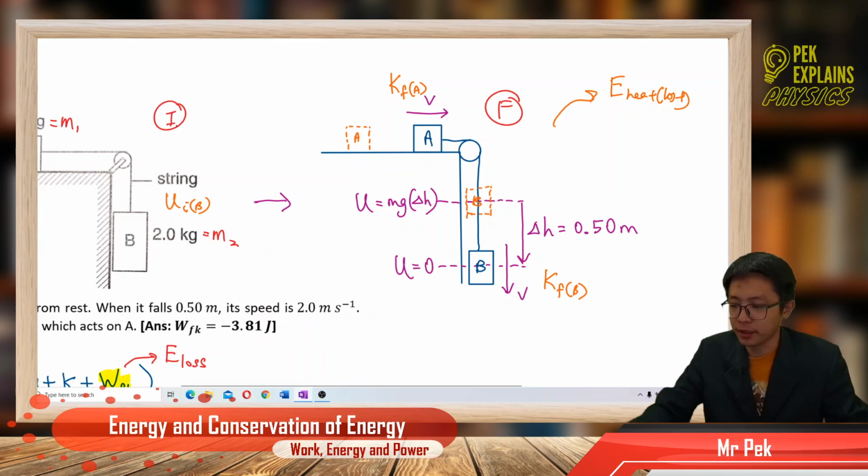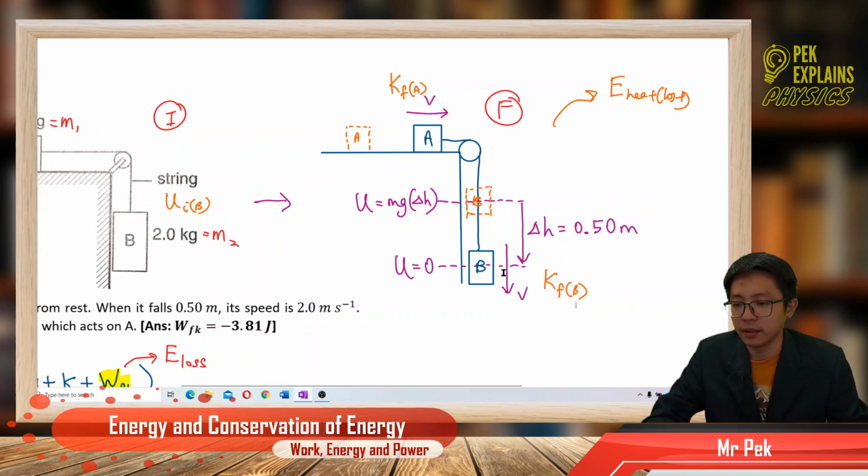Okay, we assume the block B, now at this level after 0.5 meter, has no potential energy. We assume this level is zero gravitational potential energy.